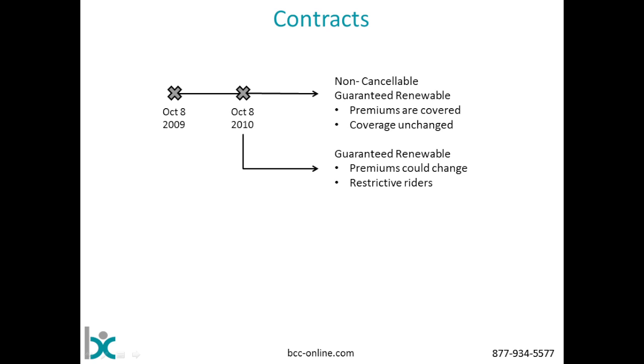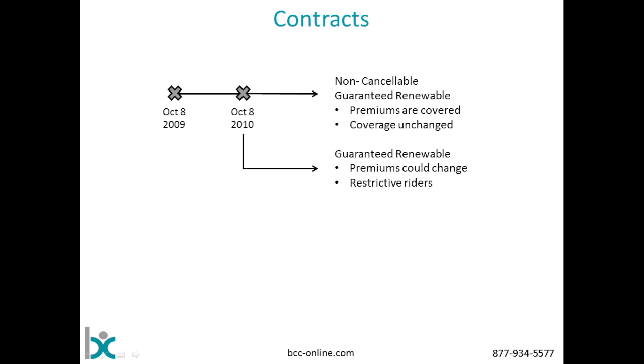That is, they might restrict my coverage in some way. However, I do know, because the policy is guaranteed renewable, that they're going to renew my policy. Now, they're not going to do these things. They're not going to change my policy based on something I personally have done.